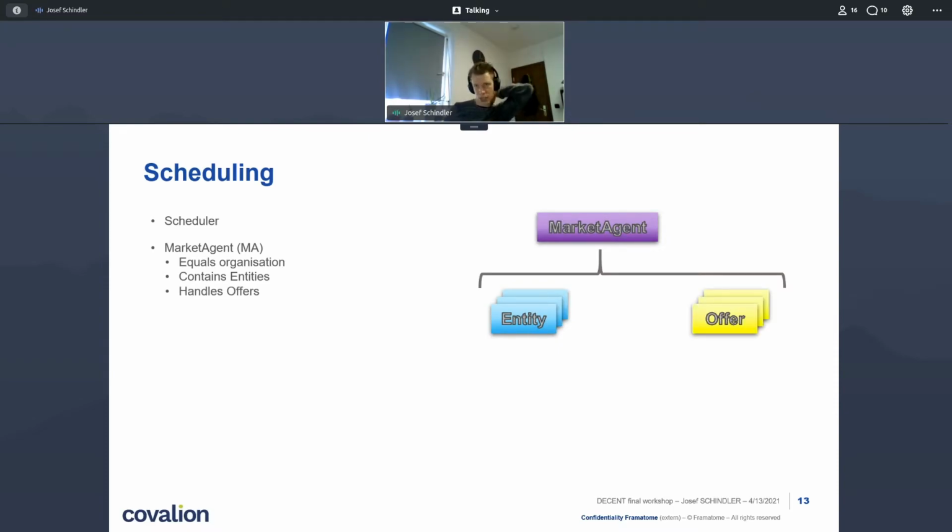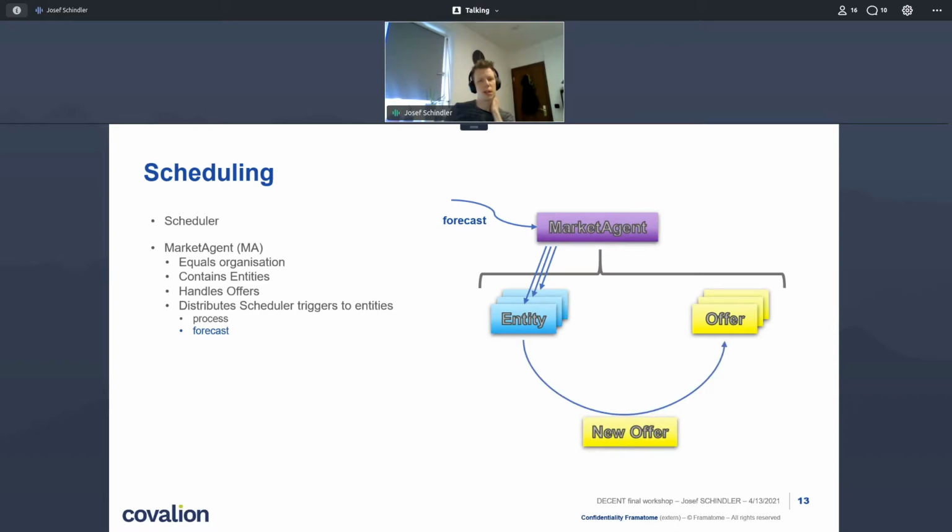And the market agent also takes care of the offers, so there's a stack for them. The market agent distributes the scheduler's triggers to the entities, for example, the processing and the forecasting, of course. The forecasting then produces new offers for the future time slots.